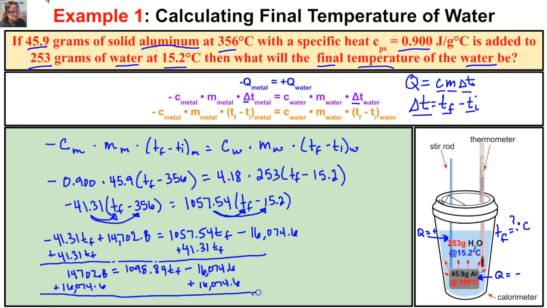And we're running out of room here, so we'll try to put this over here now. It looks like we will end up with 1,098.84 times the final temperature equaling 30,777.4. And so now how do we solve for final temperature? You guessed it, we divide both sides by 1,098.84.